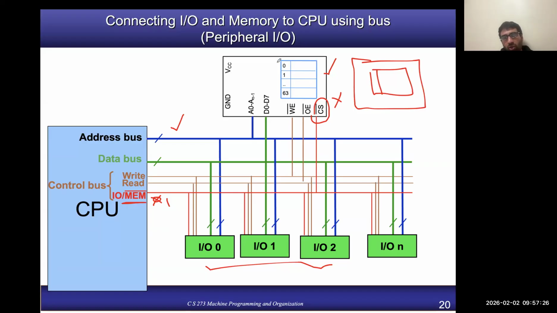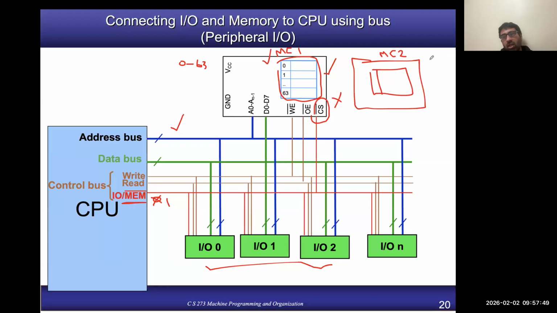So the first 64 locations are in chip 1. Let me write here MC1, memory chip 1, and the next 64 locations are in memory chip 2, right? Let's say what I want is that if the address generated by the processor is in the range 0 to 63, then this chip should be selected.